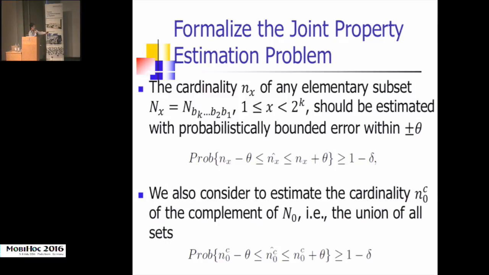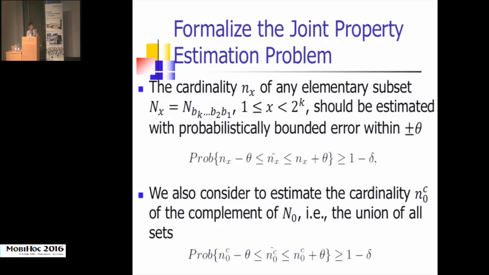And we want to guarantee that this elementary subset size can be estimated with bounded error. That's the problem formulation. We also want to estimate the cardinality of the union of all sets. This is called a composite joint property. This is the problem formulation.